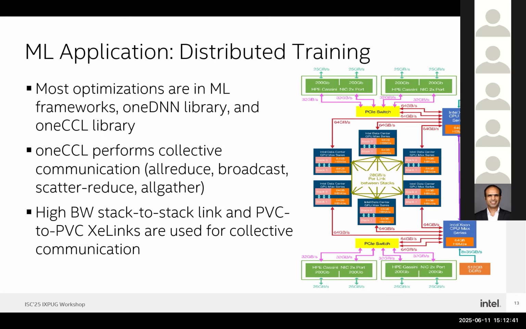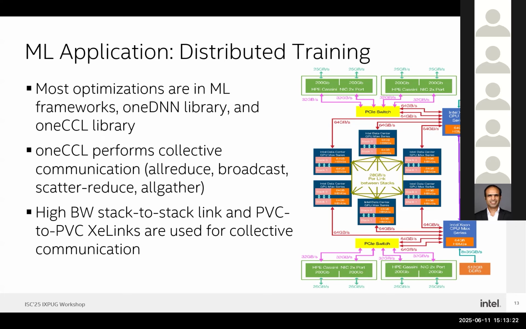And after tile to tile is done, it uses the fully connected Xe Link communication fabric to do reduction among PVCs. And then if you have scale-out, the data is transferred to the host for host-to-host reduction. And then that goes up, gets reduced, and then propagates down to the tile again.